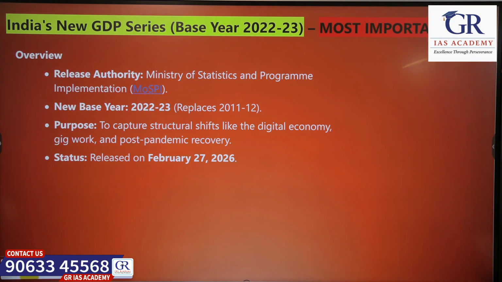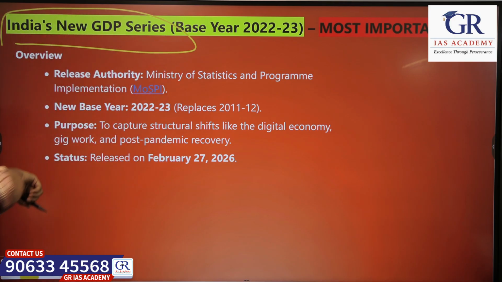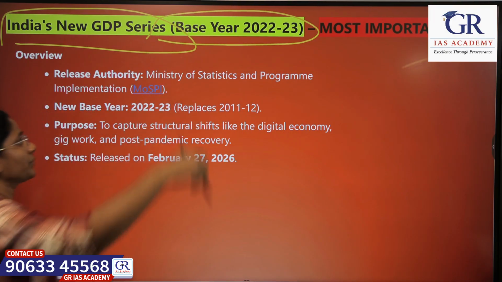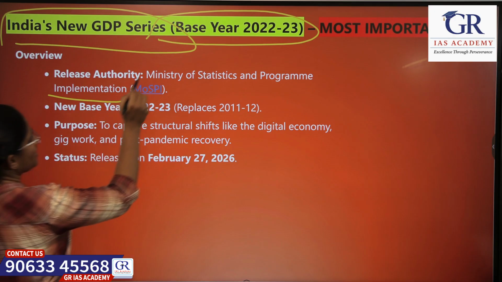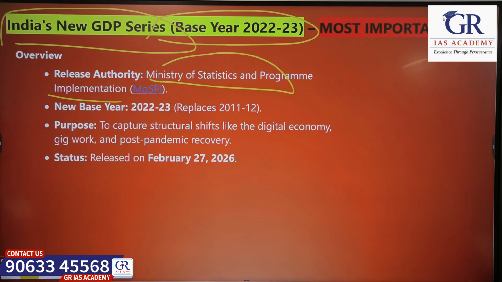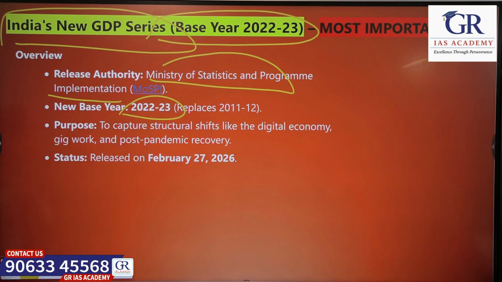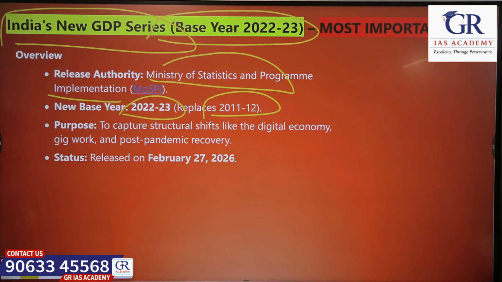Moving to the next topic, India's new GDP series, which considers base year as 2022-23. MOSPI releases the GDP considering base year 2022-23, replacing 2011-12. So, what is the purpose of this?